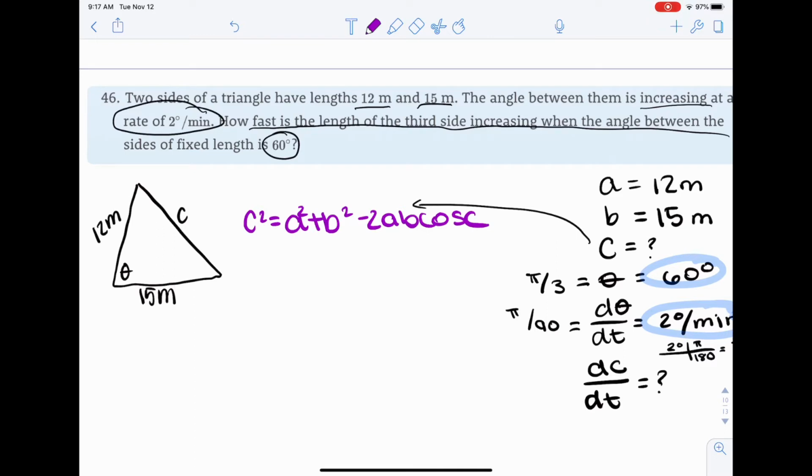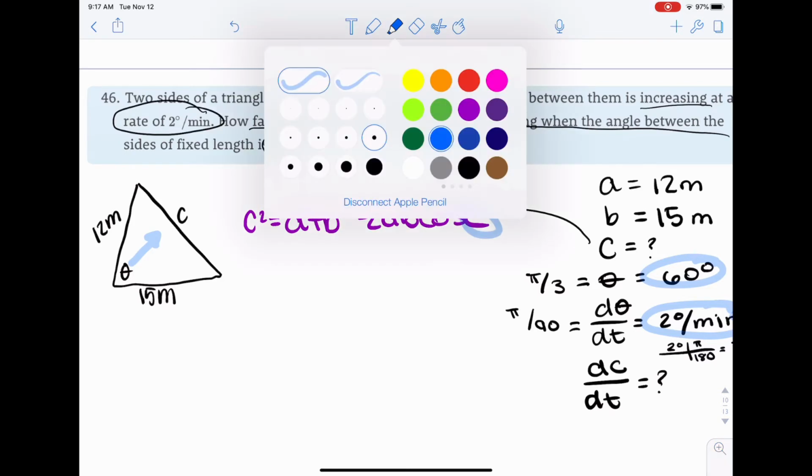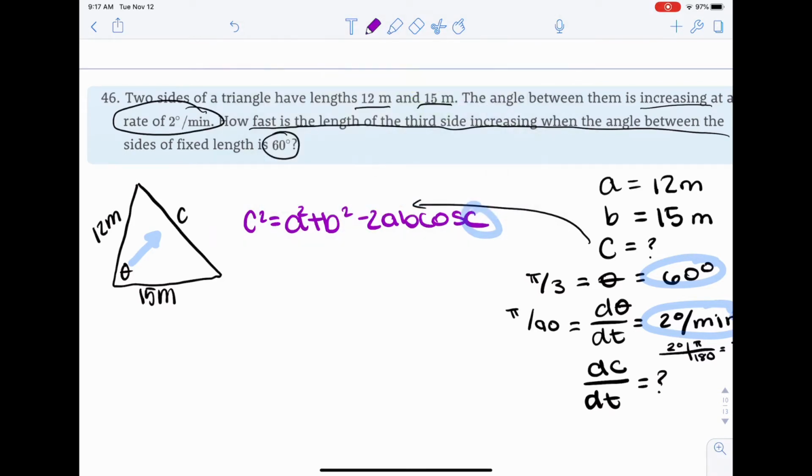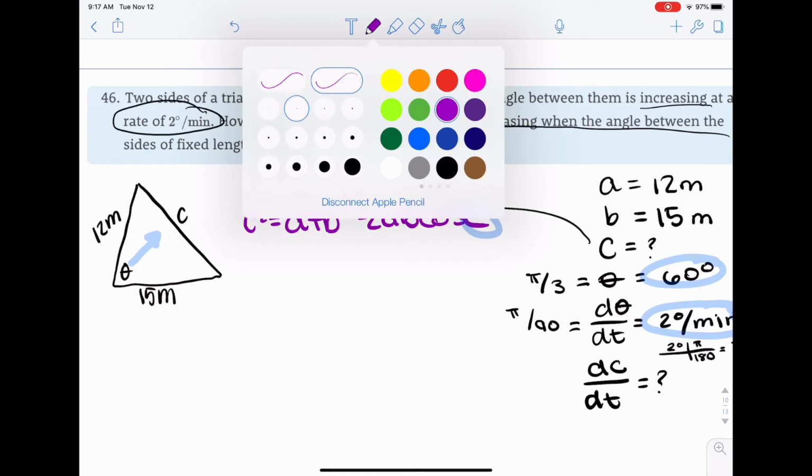And we know this, let's go over here. This cosine C is going to be theta because we can relate these two. All right. So back to our pencil. It's a little smaller. Okay.